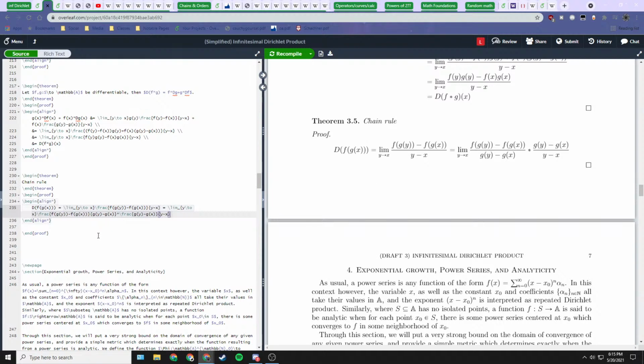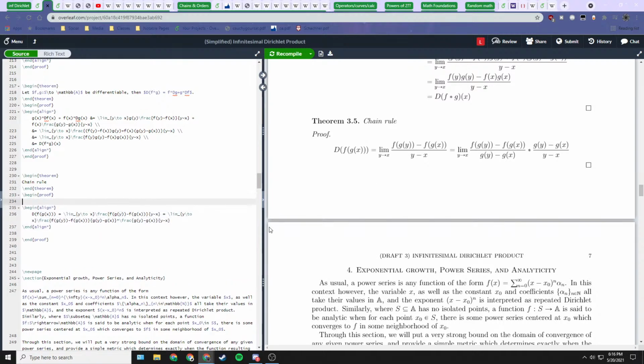So in this sketch, we'll take the case where g of y minus g of x is non-zero, eventually, as y goes to x. So we'll take this case, then we are able to do this.